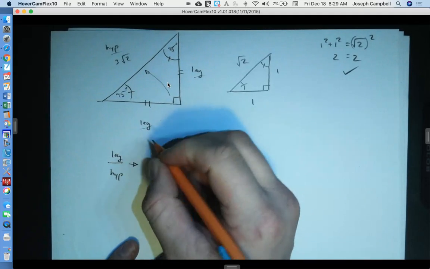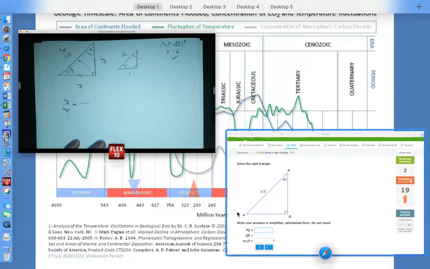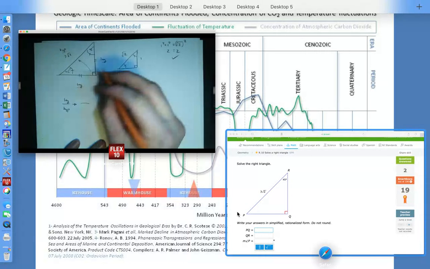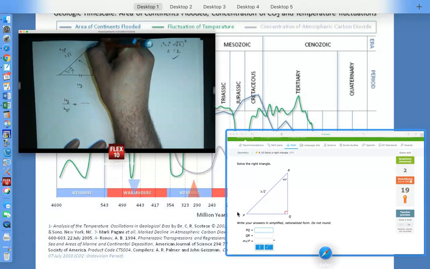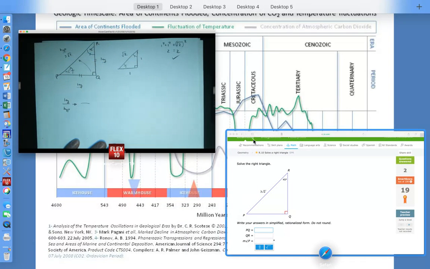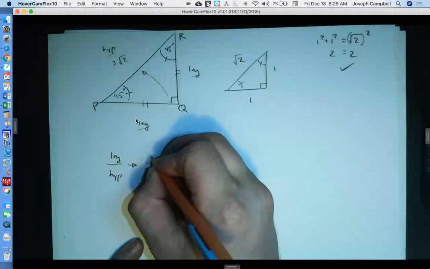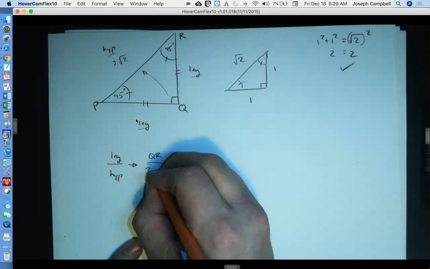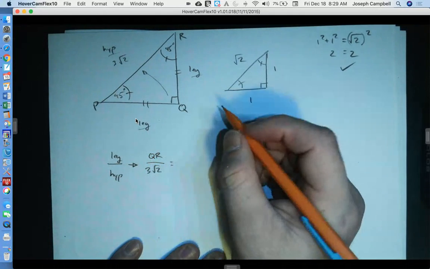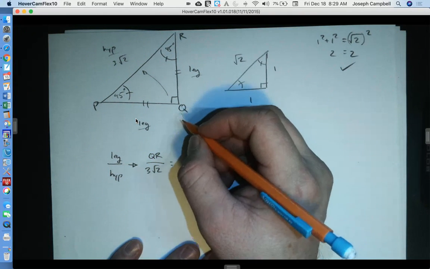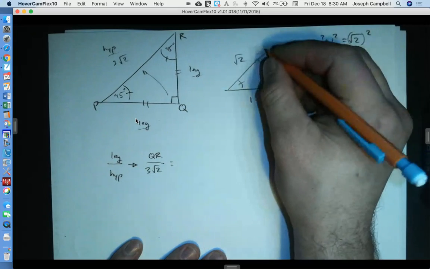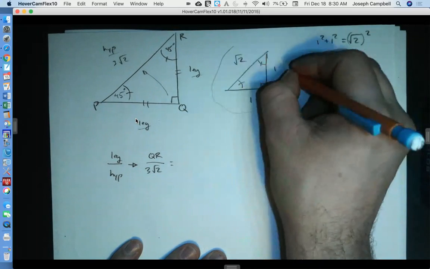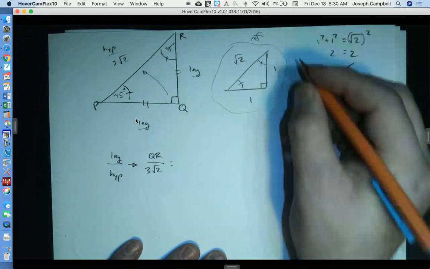So I actually forgot to get the Q, R, and P. Okay, so QR up top. The hypotenuse is 3 root 2. Okay, in my reference triangle, right? This is my reference triangle. You have to memorize that one.